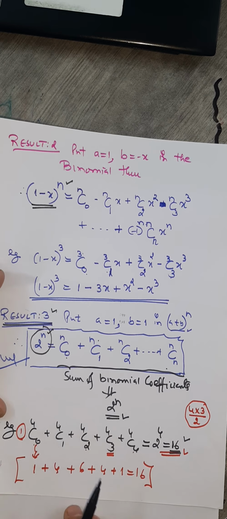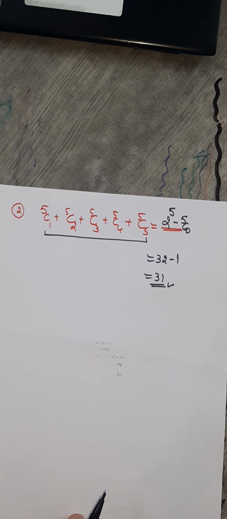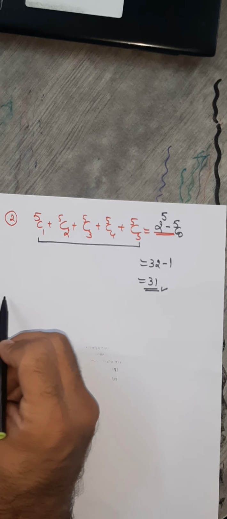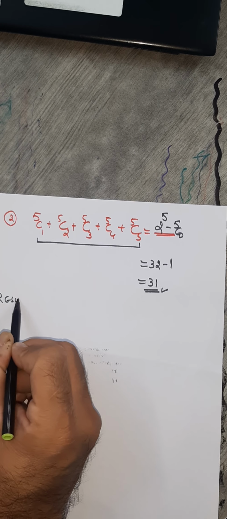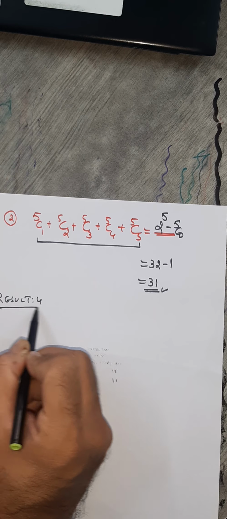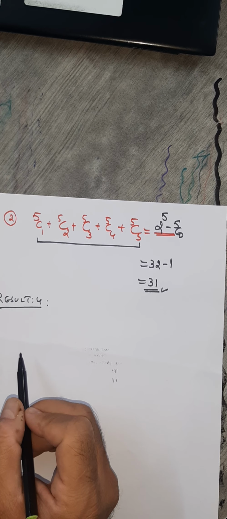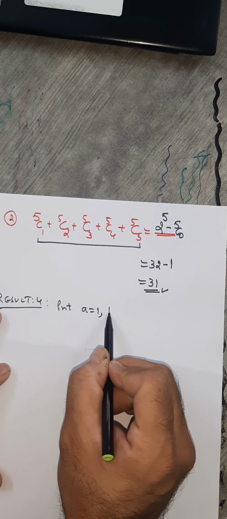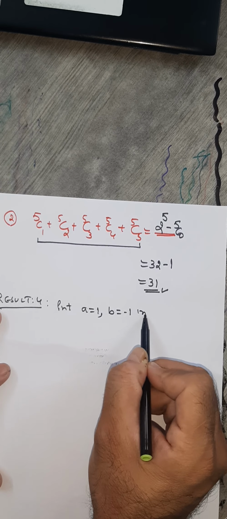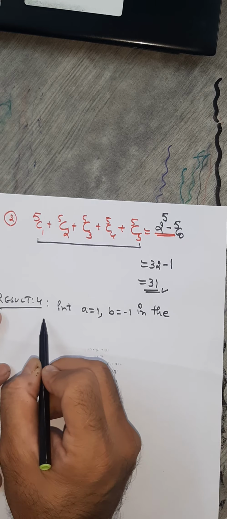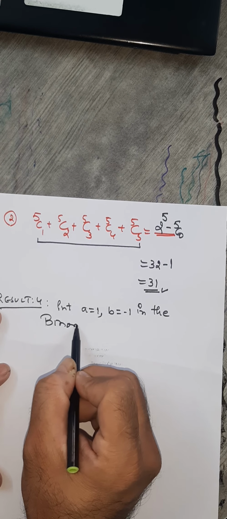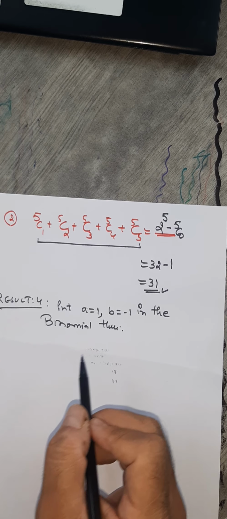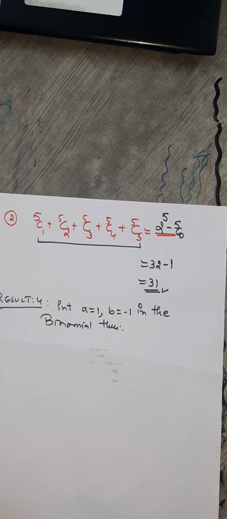One more thing here, let me write that as result number 4. This follows from where? Binomial theorem only. So we put a equals 1 and b equals minus 1 in the expansion of the binomial theorem. So what we'll get? Obviously left hand side will be 0, right?